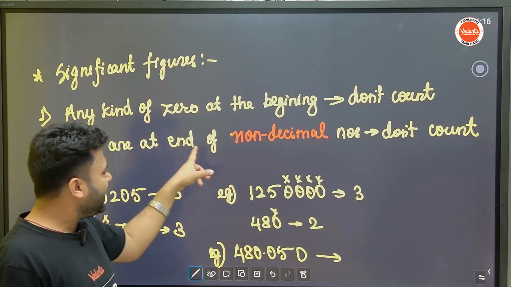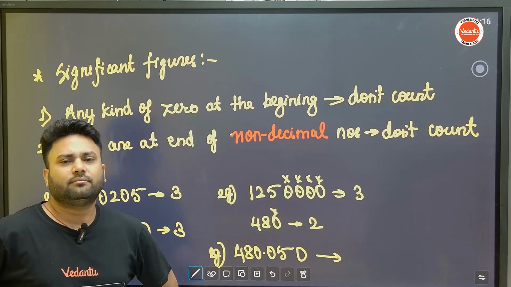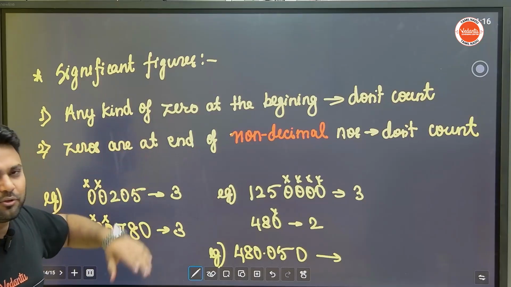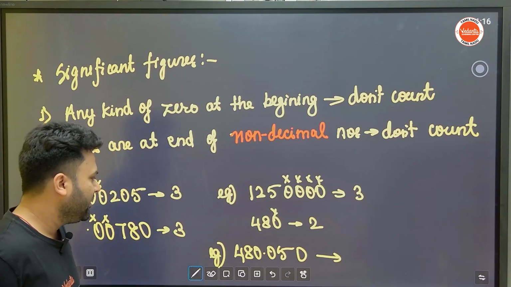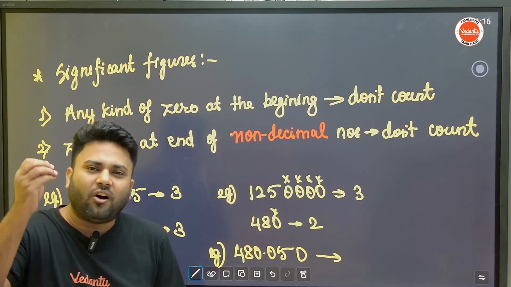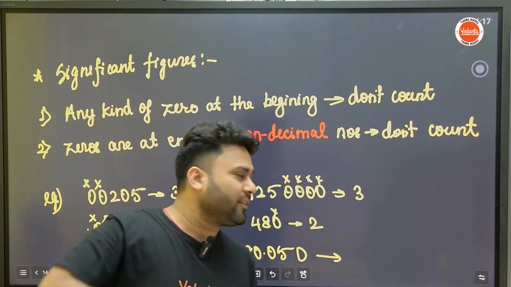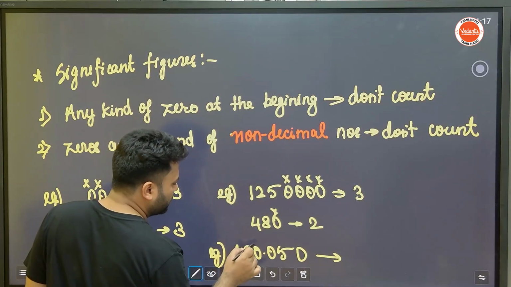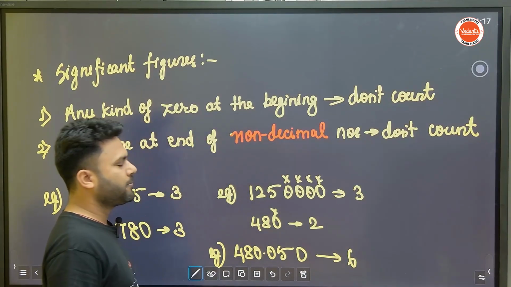Zeros are at the end of non-decimal number. Whether this is non-decimal number? No, it is a decimal number. So don't apply this rule. This rule is only for non-decimal number. What I have said, all other cases count. Except these 2 cases, all other cases you count. So 1, 2, 3, 4, 5, 6, 6 significant figures.